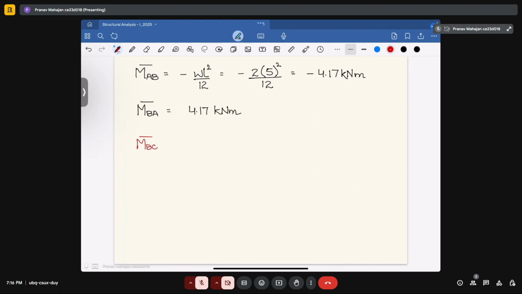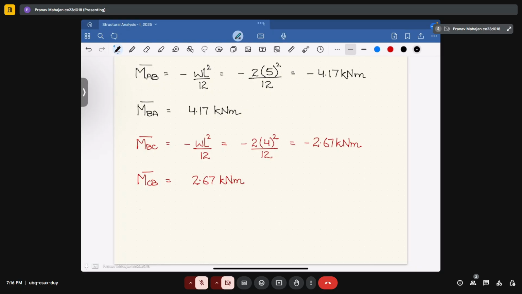your MBC will become minus WL square upon 12, and that will become minus 2 into 4 square divided by 12, and that will be equal to minus 2.67 kilonewton meter, and this will give MCB bar to be equal to plus 2.67 kilonewton meter.